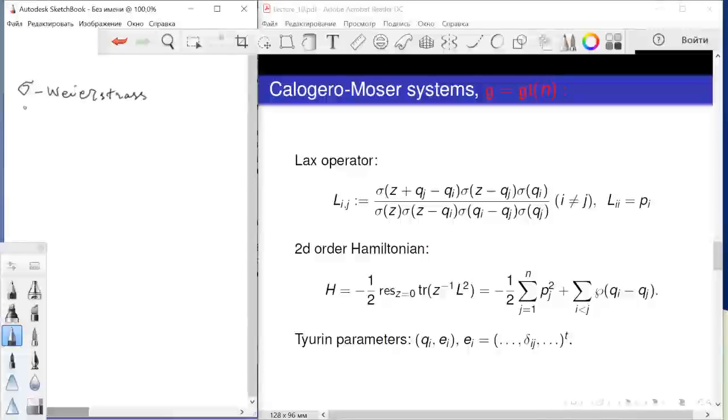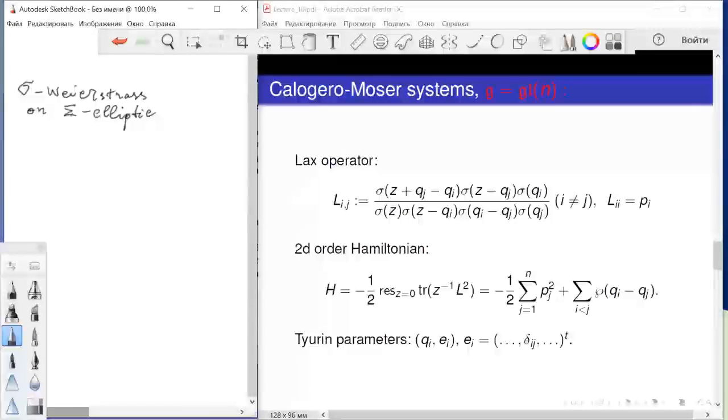It is a function on an elliptic curve, sigma elliptic. So we consider an elliptic curve here. Sorry, it's not a function on the curve.